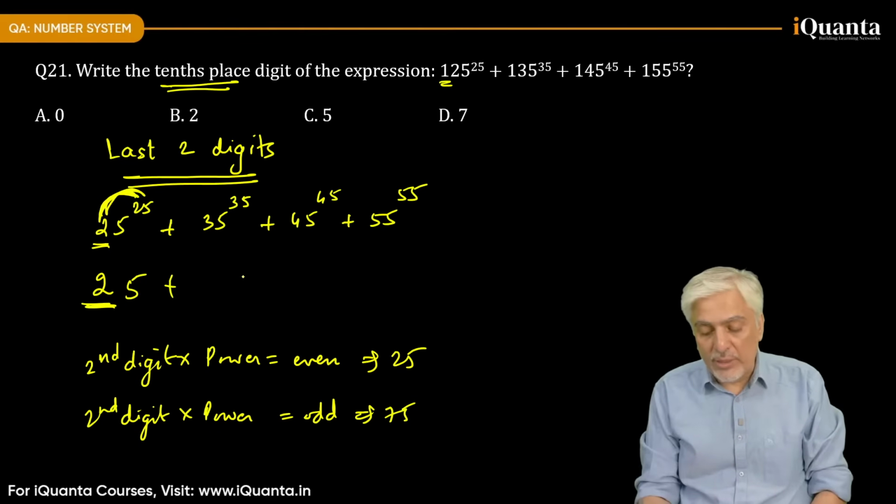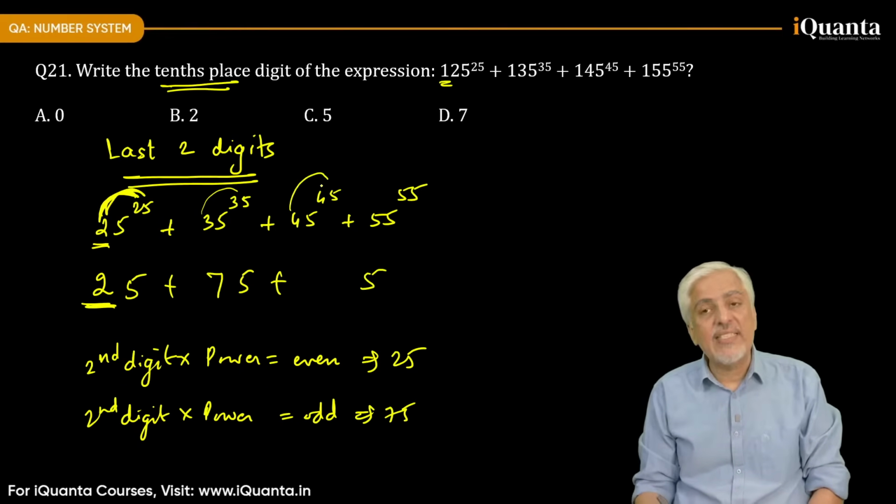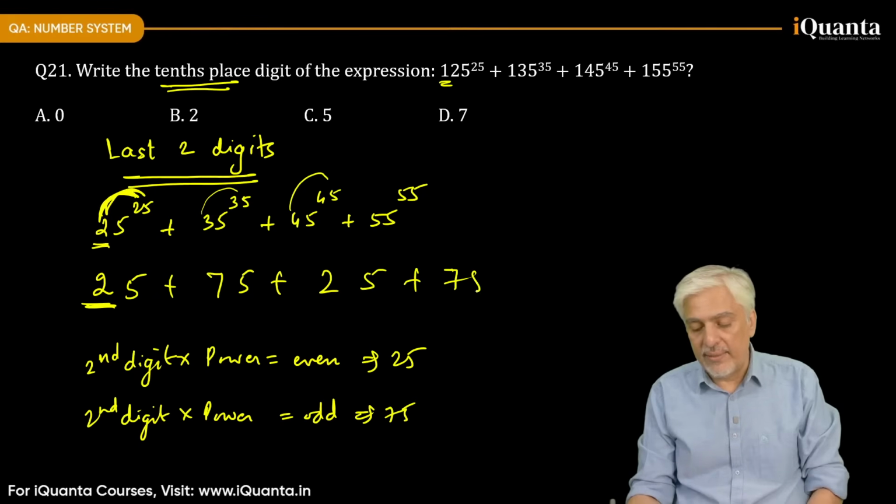So here also 5 will come. 3 into 35 is odd, so 7 will come, then 5. 4 into 45 is even, so 2 will come, and again 7 will come.